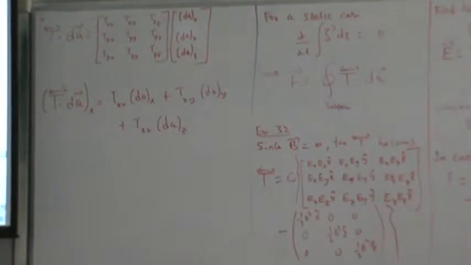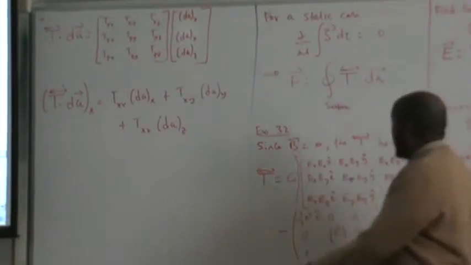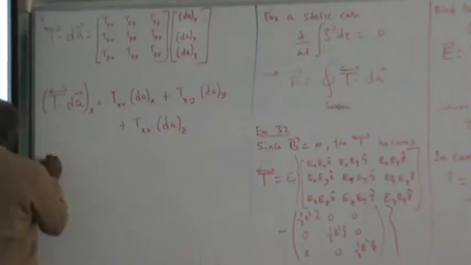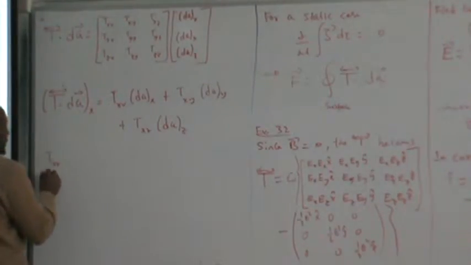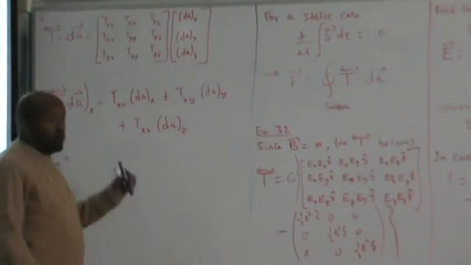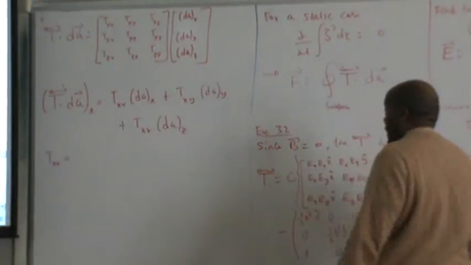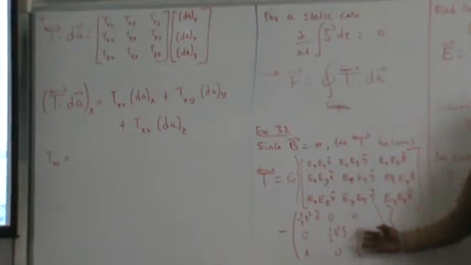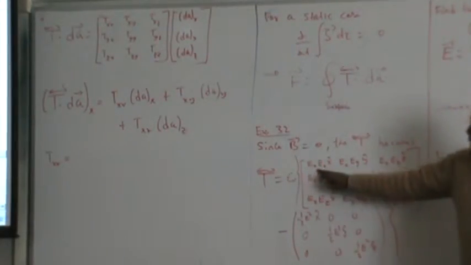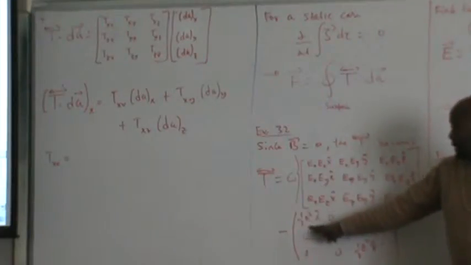And so what's going to be Txx first? Txx is, according to the relation that I gave you there, or just by looking at the matrix here, how can I express Txx? It's going to be this minus that, right?